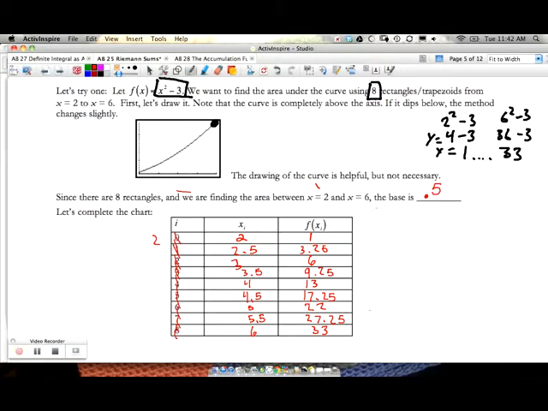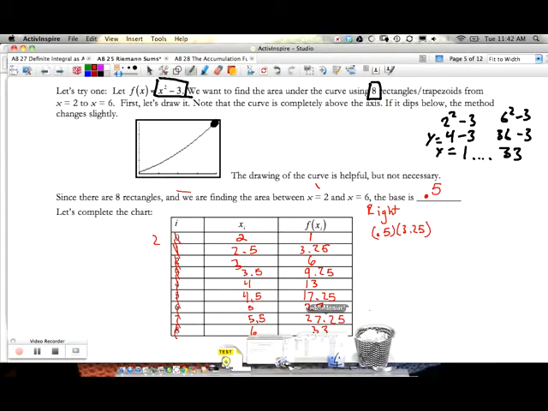Now if we're doing right boxes, that means the width is 0.5. The first right box was 0.5 times f of 2.5, which in this case is 3.25. And then after that we can see what each of the additional areas is.